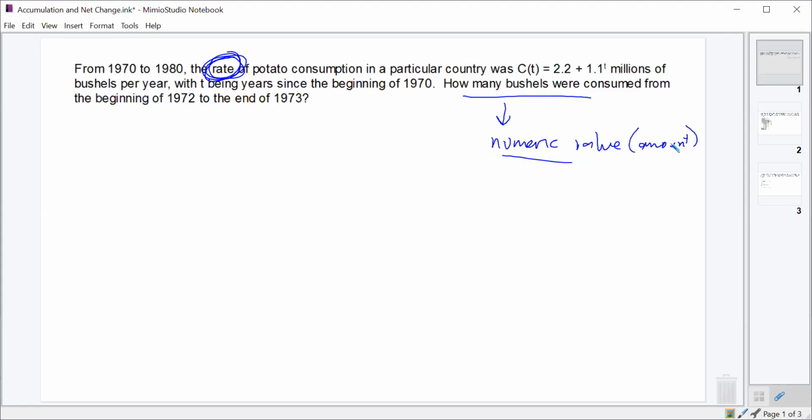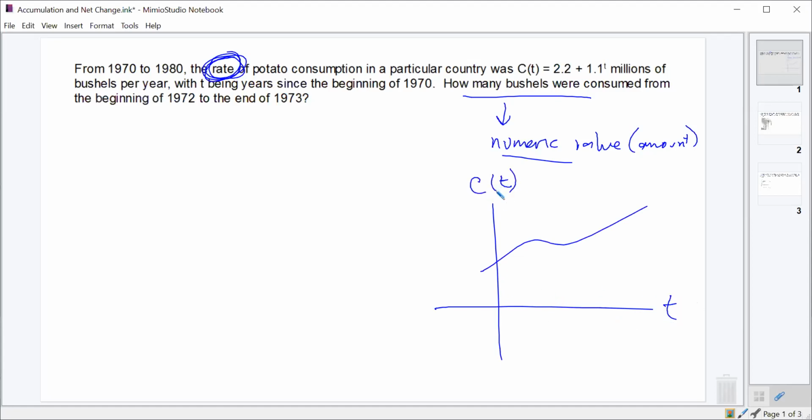And so to start thinking about this, I'm going to sketch a little graph here of our function, which is not what our function looks like, but there's some function. This is a function that is being graphed on a time and a consumption axis.